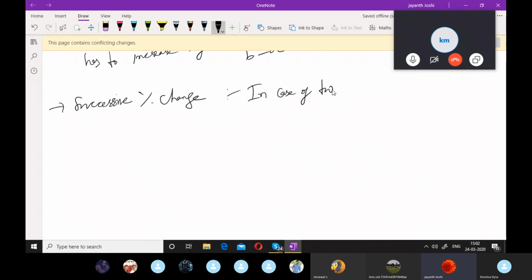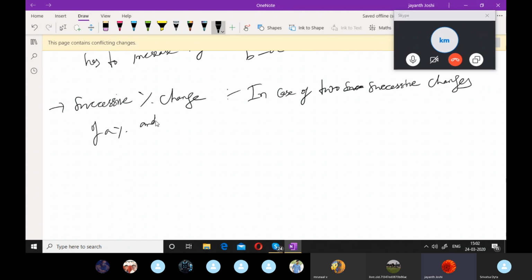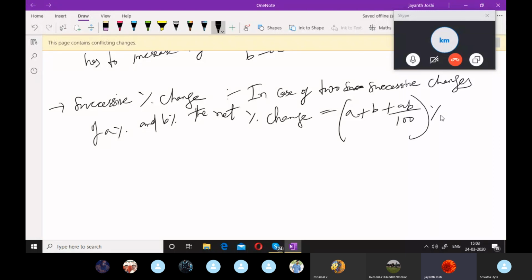In case of two successive changes of A percent and B percent, the net percentage change is equal to A plus B plus AB by 100 the whole percent.